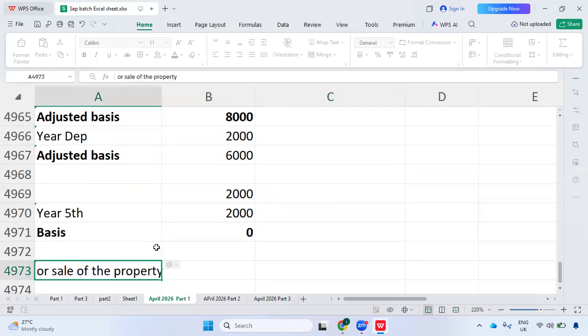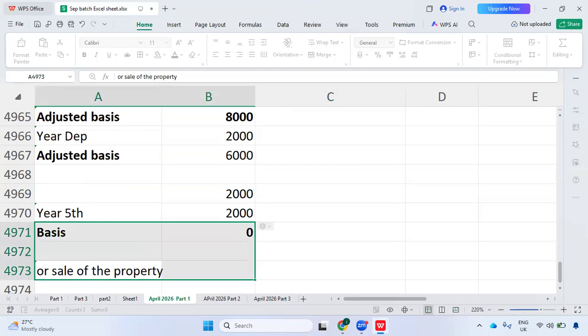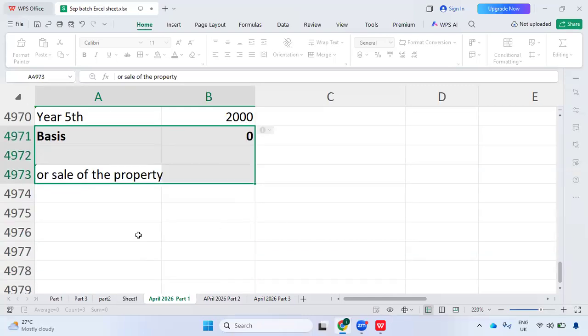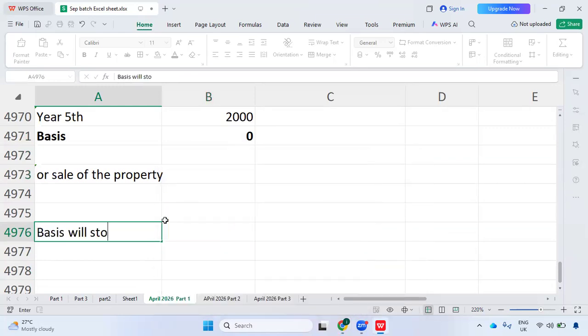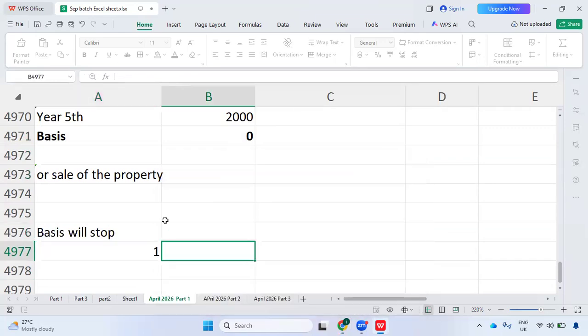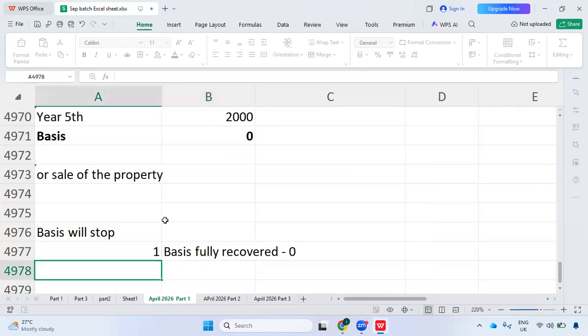No. So until sale of the property or until the basis becomes zero, we can claim the depreciation. Okay. Situation 1, when will the depreciation stop? When the basis becomes zero. In situation 1, the basis is fully recovered, which means the basis becomes 0. So in that case, we will not do depreciation.